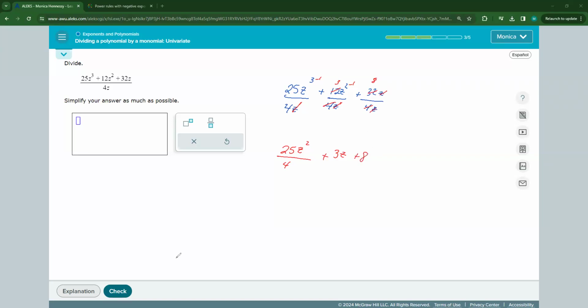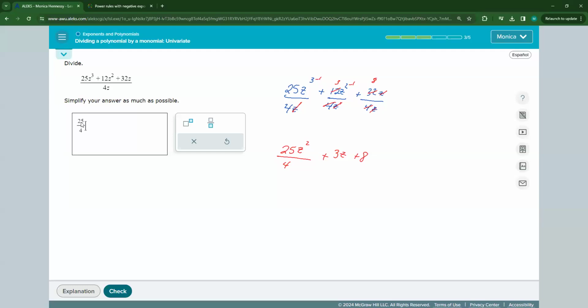All right, so when we put in that first fraction, 25z squared over 4, there are a couple different ways I can write it. I can make the fraction of the coefficients first, 25 over 4, and then push that z squared off to the side, so that my coefficient is 25 over 4.